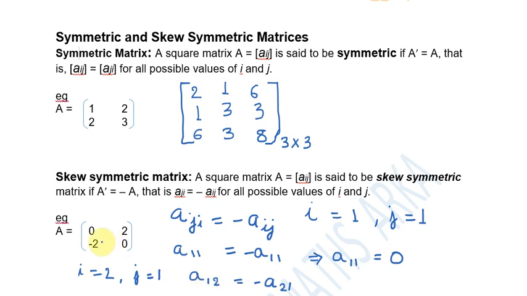The a12 element is the first row, second column element, this element. This is equal to minus of a21. A21 is this element. So this condition is satisfied, that is, a12 is equal to minus of a21, hence it is a skew symmetric matrix.